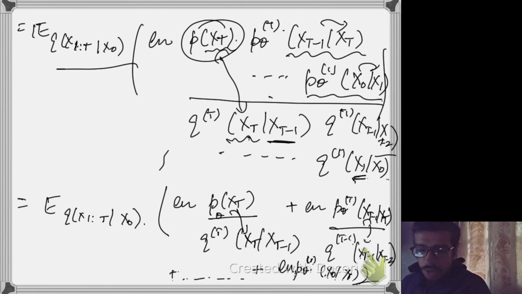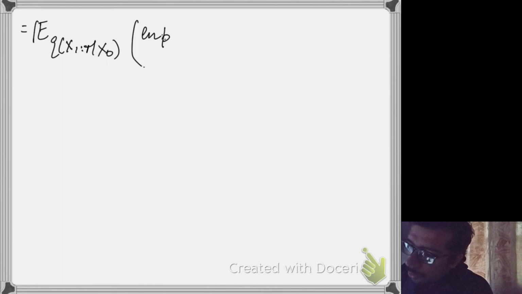Okay, now once you finish this, what you will get is that you can write it as an expectation over q of x_1 to T given x_0. The first term is of the form log p of x_T over q_T of x_T given x_{T-1}.